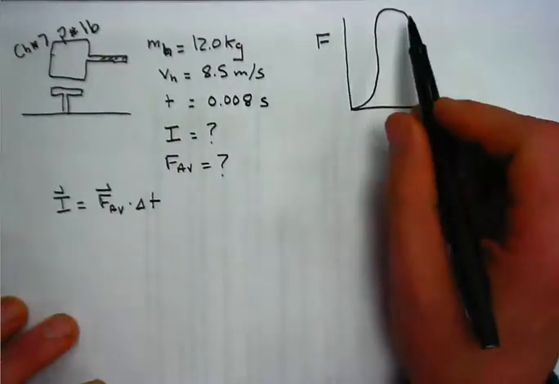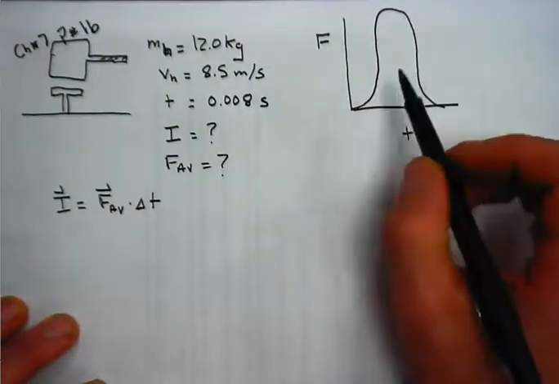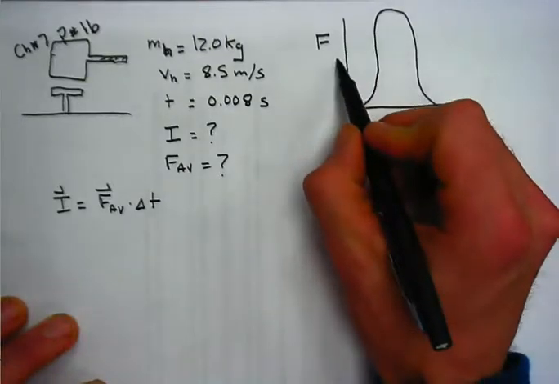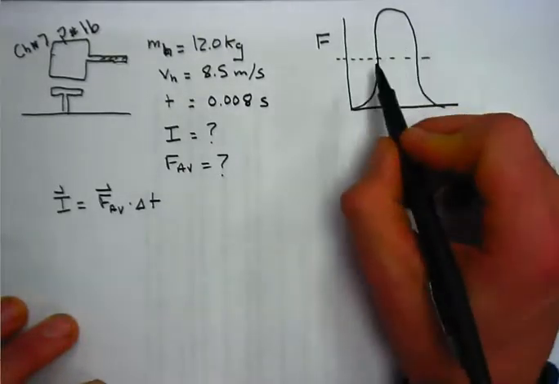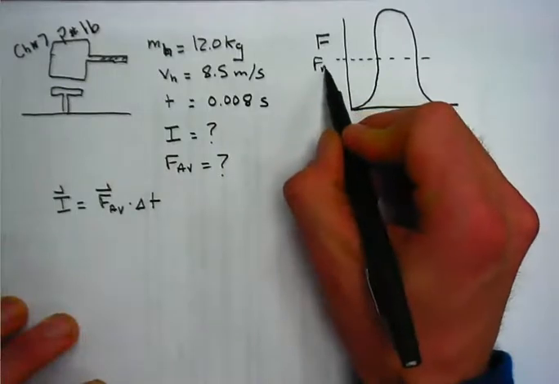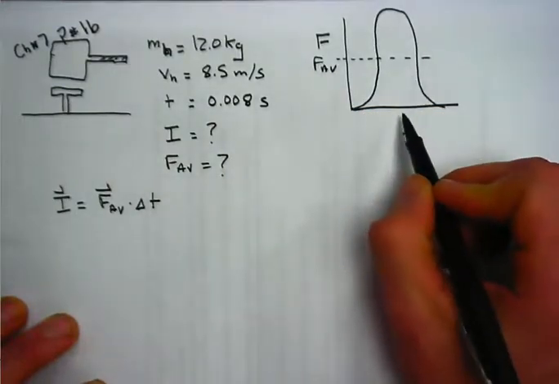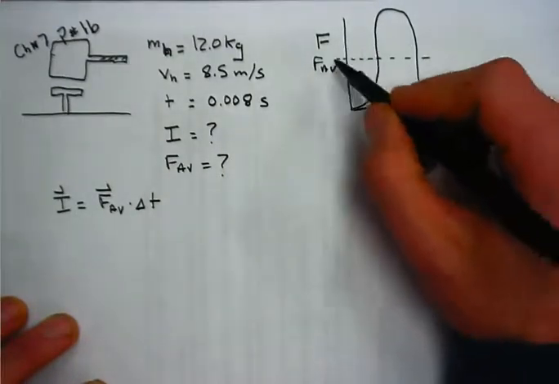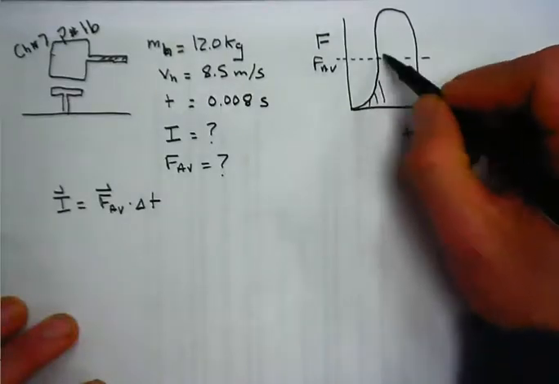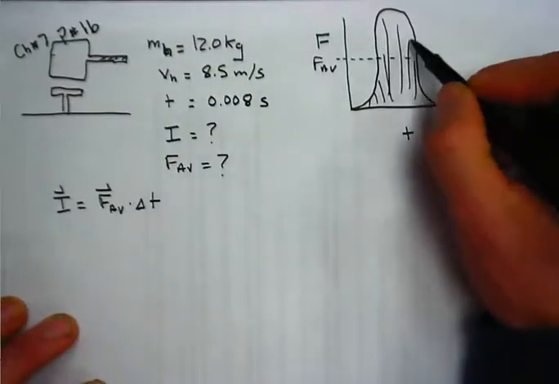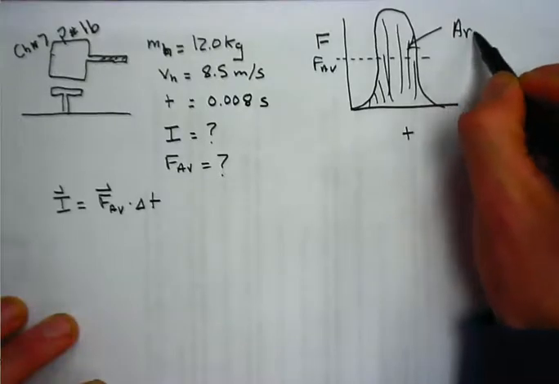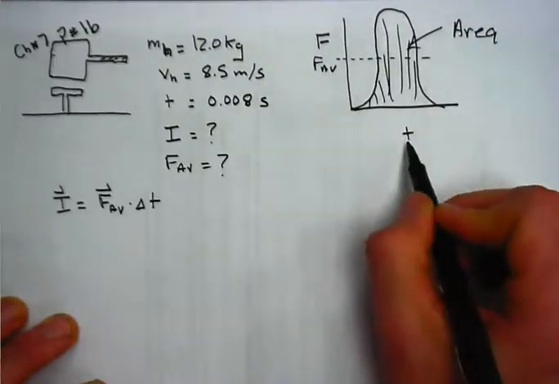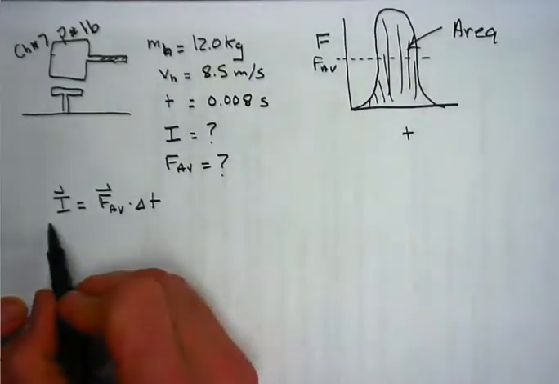And the force changes so rapidly that it's really difficult to calculate. So what we do instead is calculate some type of average force and multiply it by time. And this product of average force times time is actually the area underneath the curve here. And we call this product of average force times time impulse.